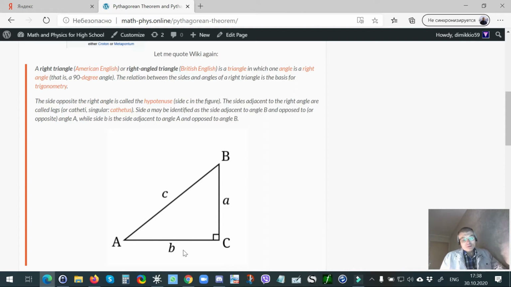I usually call them legs, as most teachers do. And this is hypotenuse, both pronunciations are possible. I'll call it hypotenuse.